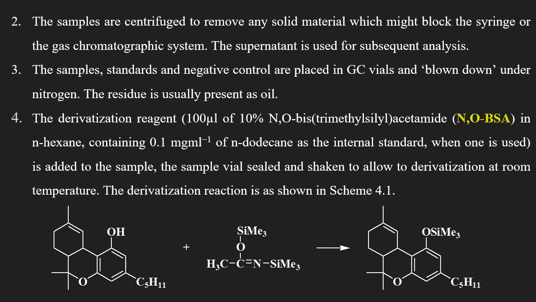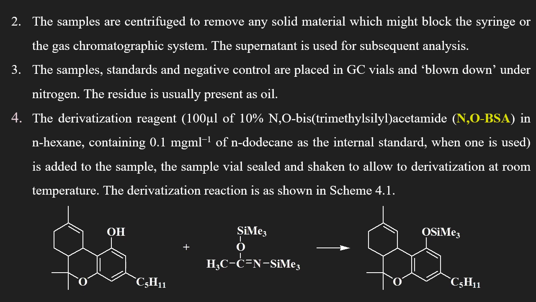The residue is usually presented as an oil. The derivatization reagent used in the case of cannabinoids is 100 microliters of 10% N,O-bis(trimethylsilyl)acetamide in n-hexane, which contains n-dodecane as an internal standard.